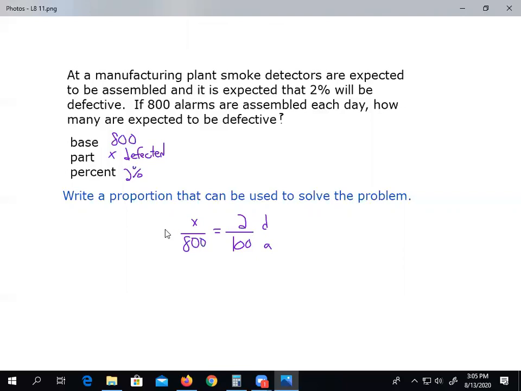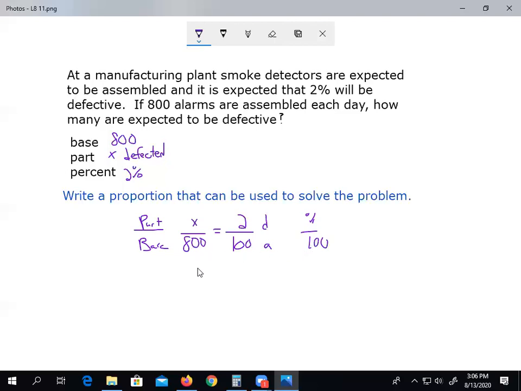So what we pick up on is, the part will always be on the top because it's got to match the way the rate works. Part over base. And then on the other side, you're going to have basically the percent over the 100. So the rate over 100.